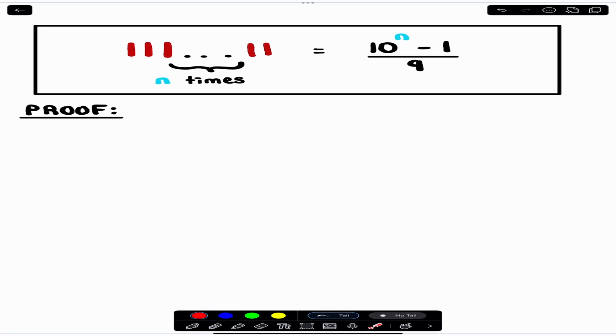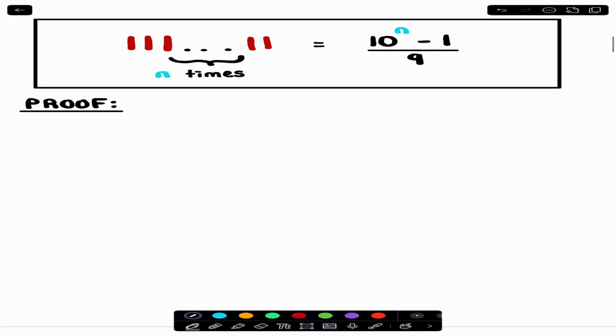The first important thing worth noting is that if we have the rep unit 1, 1, 1 repeated n times, then that is equal to 10 to the power of n minus 1 divided by 9. And the proof for that is very straightforward, so we can take a look at that.